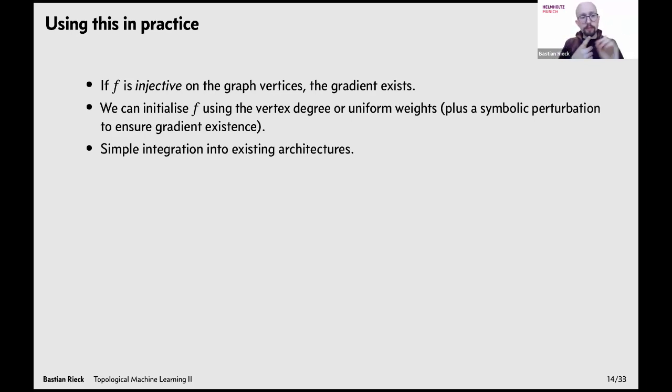So it turns out that if this function is injective on the graph vertices, so it has different values on the graph vertices, then the gradient exists, and it affords a very simple integration into existing graph network architectures.